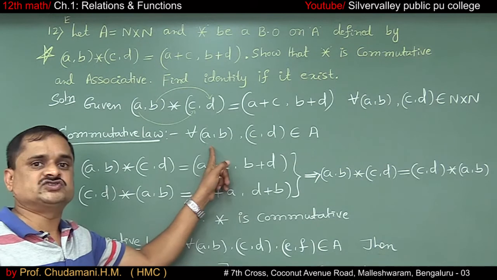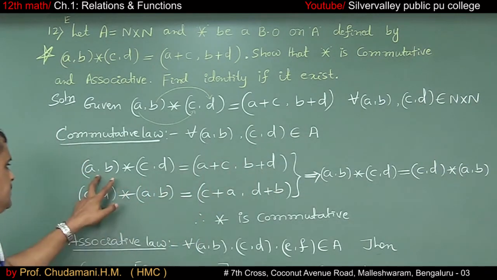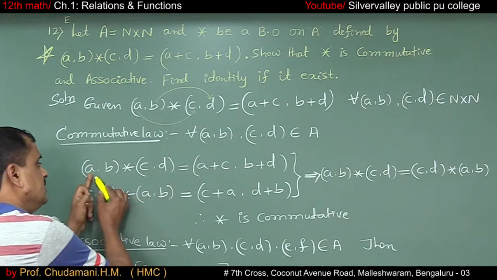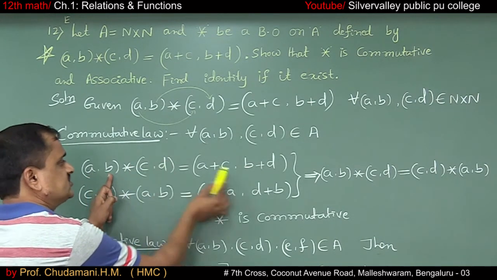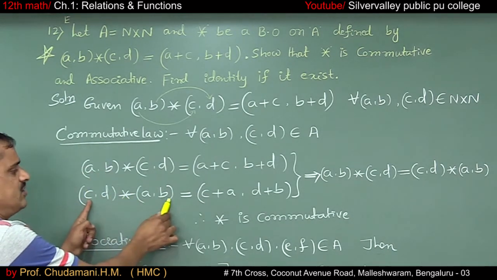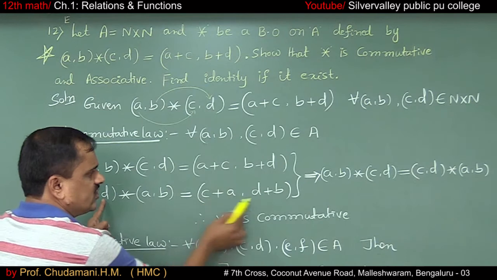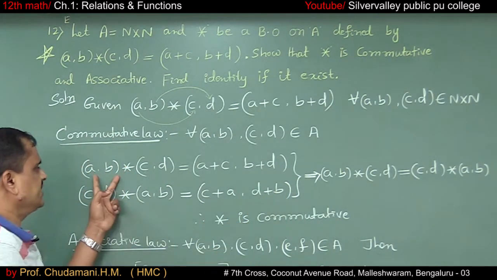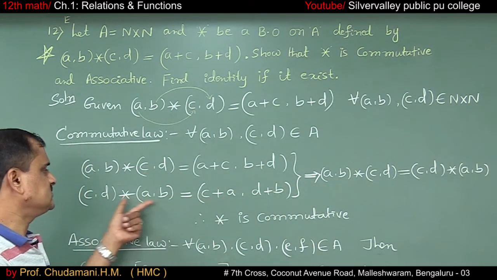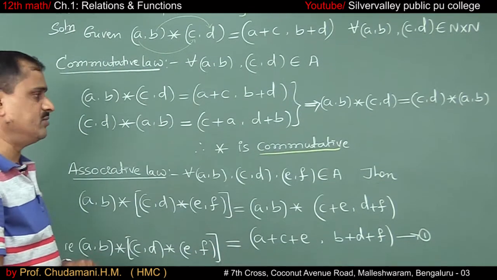For all two elements (a, b) and (c, d) belongs to N cross N, (a, b) star (c, d) means (a plus c, b plus d). Similarly, (c, d) star (a, b) is nothing but (c plus a, d plus b). These two are one and the same. Therefore, (a, b) star (c, d) is equal to (c, d) star (a, b). Therefore, star is commutative.